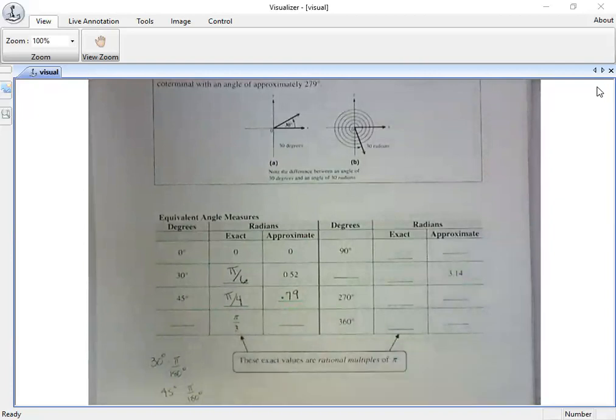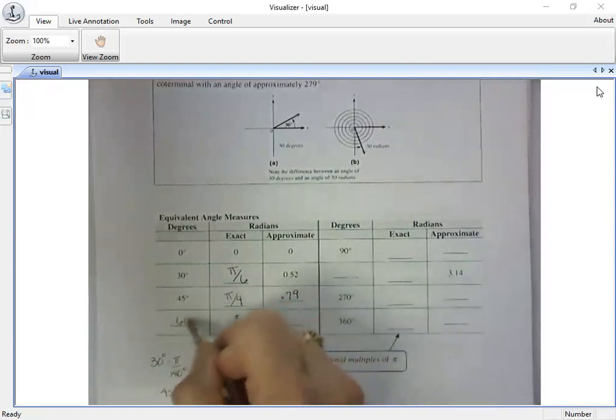Now this is given to us in radian form, and we're supposed to figure out the degree measure. So pi over 3 is going to be how many degrees? Good, because I would multiply that times 180 over pi. And 3 goes into 180 60 times. My pi's cancel.